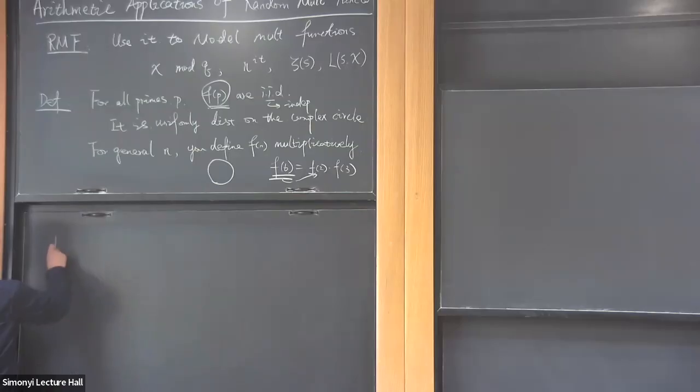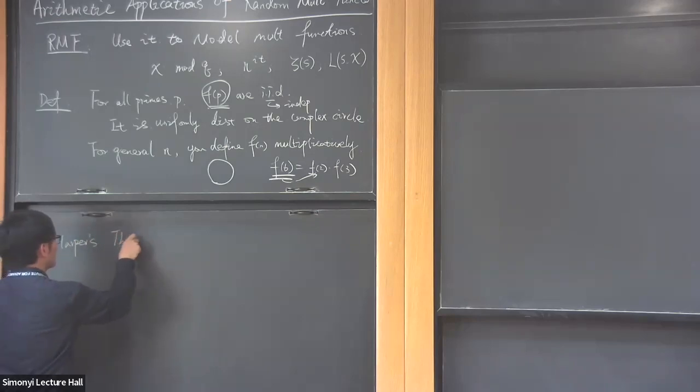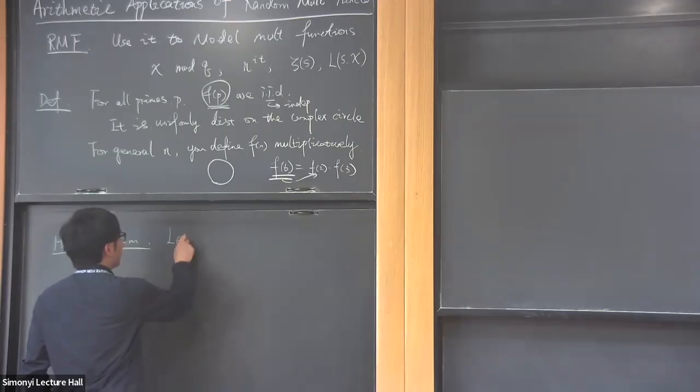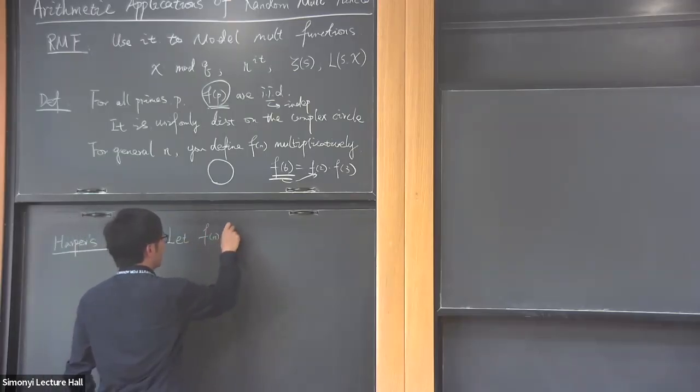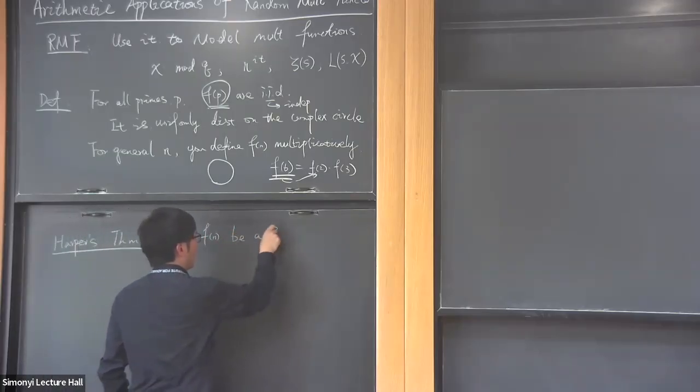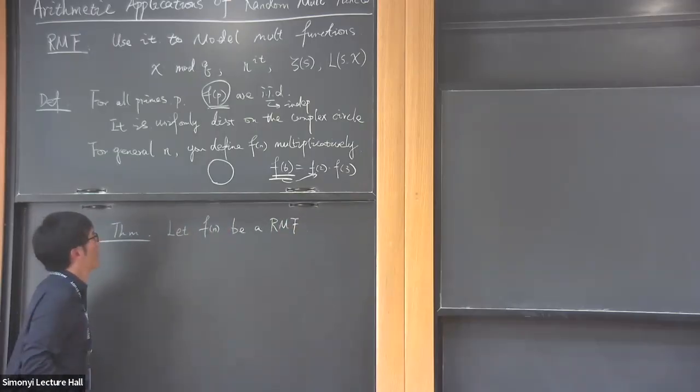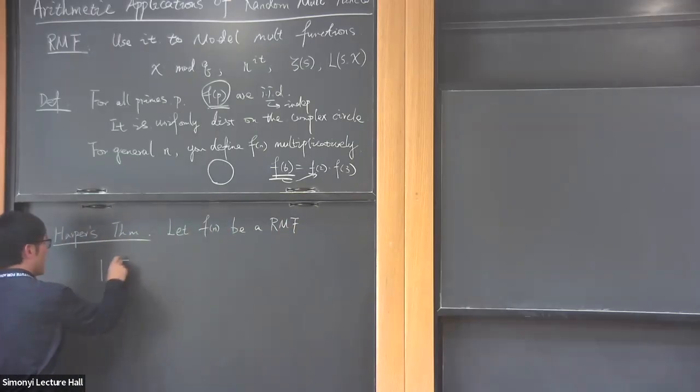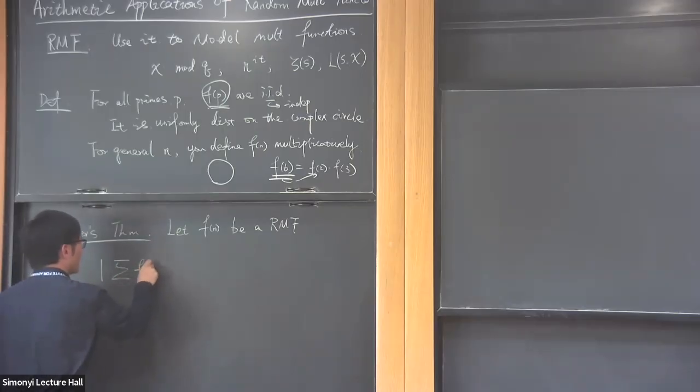So the first theorem is roughly eight years ago. That's called Harper's theorem. Let f(n) be an RMF. Then Harper studied the expected size, the first absolute moment, of the partial sums of f(n).